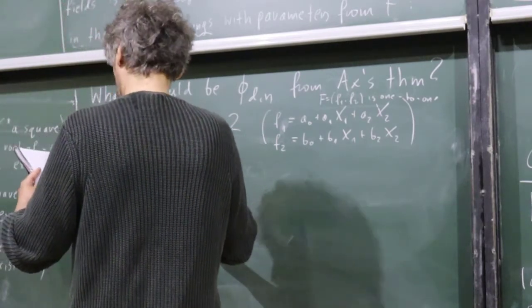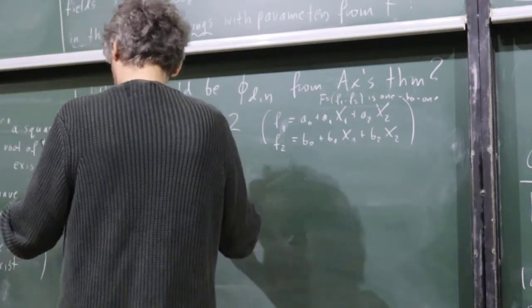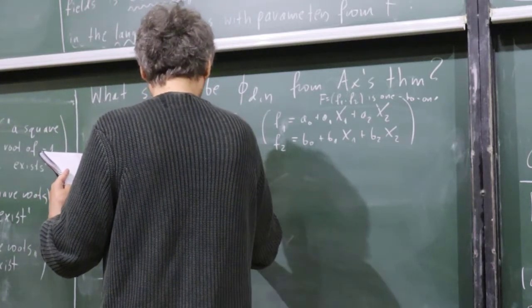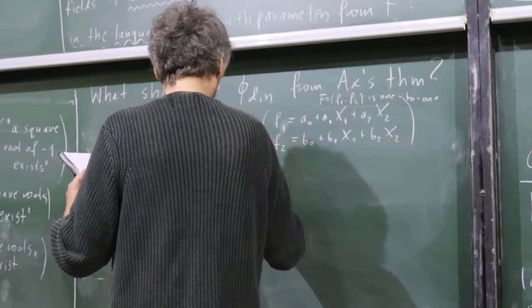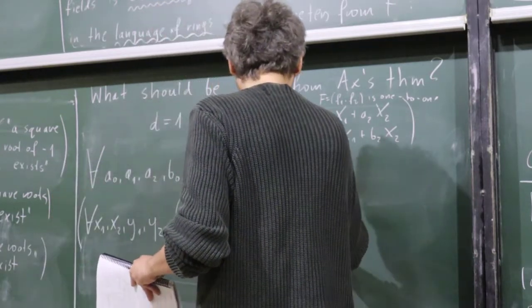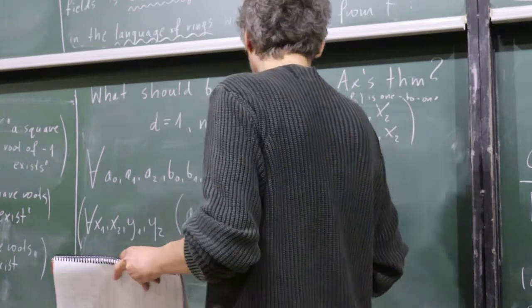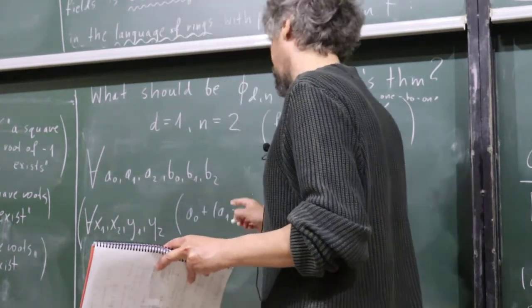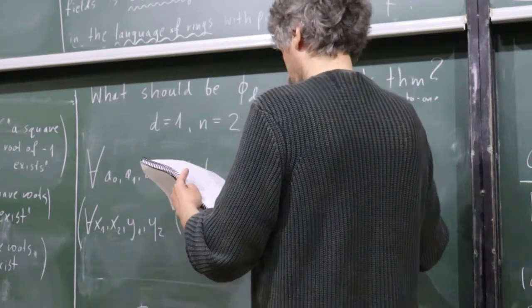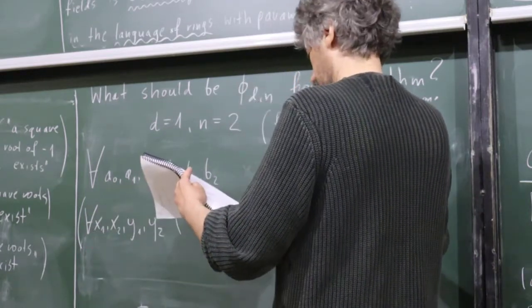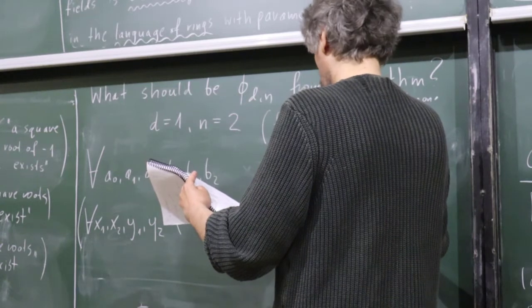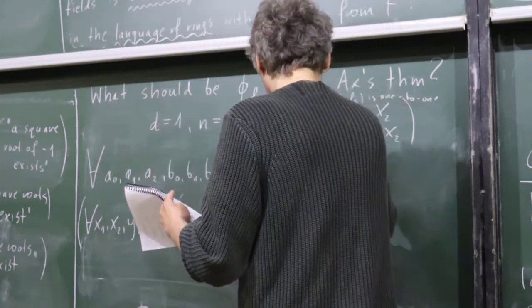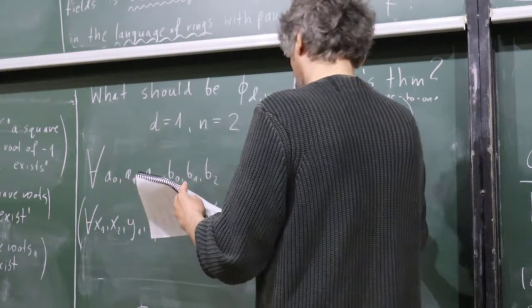So brackets will multiply a0 plus a1 times x plus a2 times x. To be honest, I would have to put one more bracket here, but maybe I will skip some brackets. x1, y1.